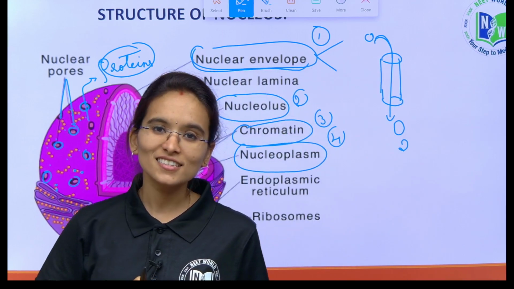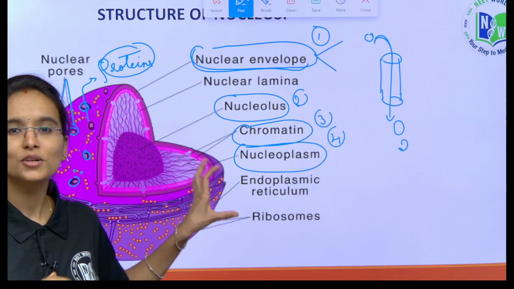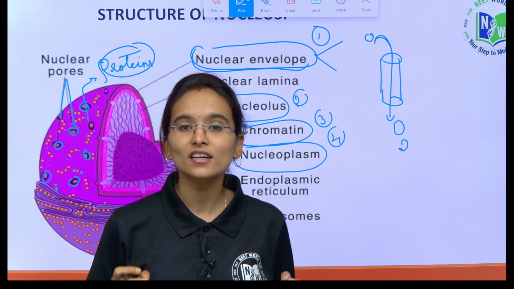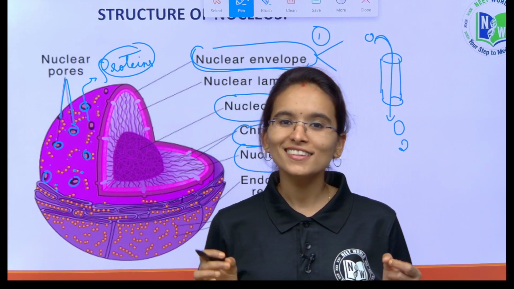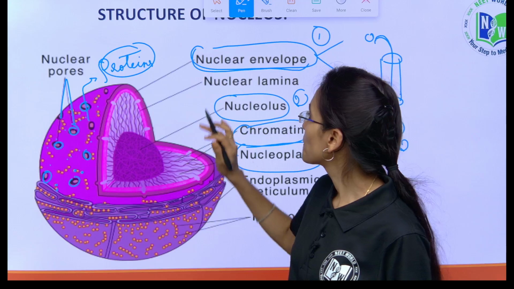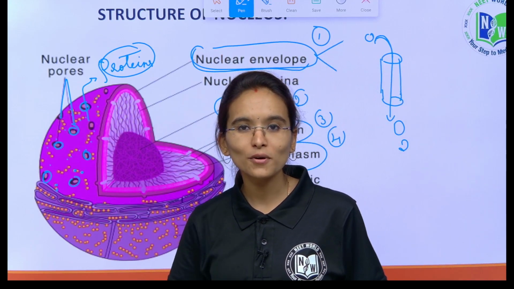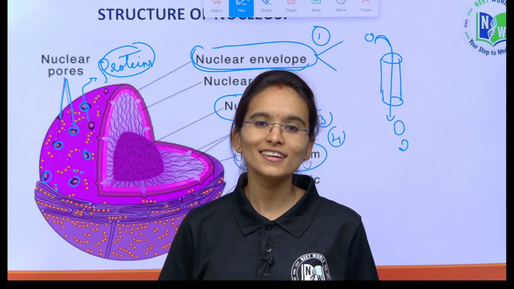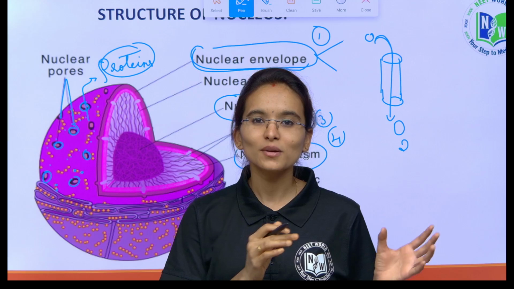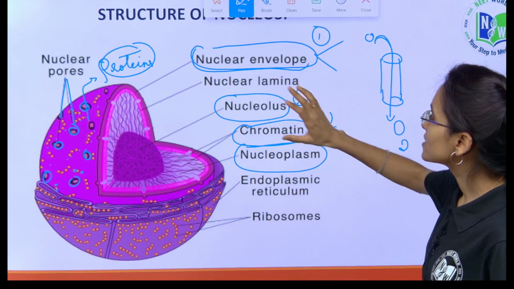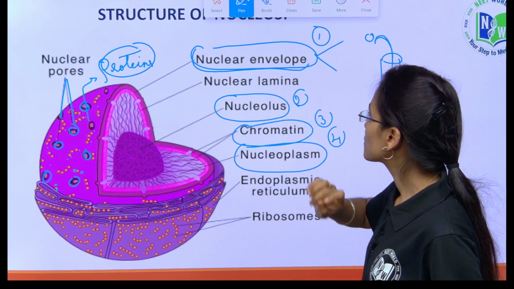Clear with the external structure of the nucleus? It is going to appear rough in structure due to the presence of ribosomes which are needed for the synthesis of proteins. And it is also going to contain the nuclear pores which are mainly involved in transporting the proteins from the outer to the inner side. Okay, so now let's discuss the nucleolus.